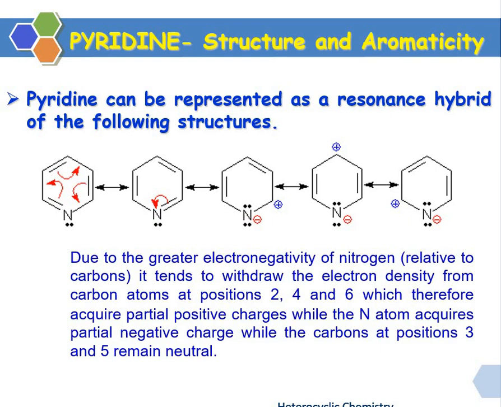Due to greater electronegativity of nitrogen relative to carbon, it tends to withdraw electron density from carbon atoms at positions 2, 4 and 6, which therefore acquire partial positive charges, while the N atom acquires a partial negative charge, while the carbons at positions 3 and 5 remain neutral.